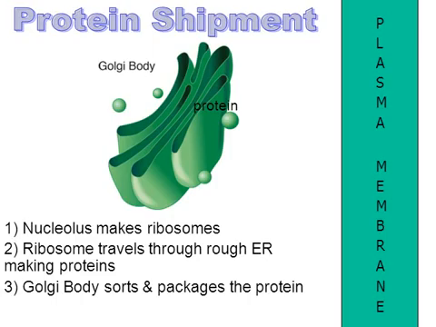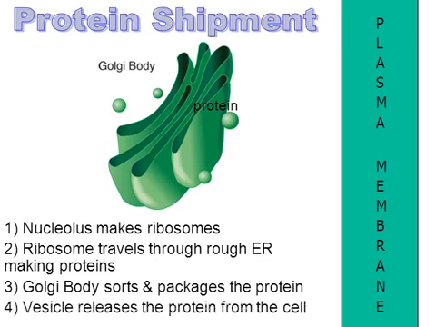When the Golgi body releases the protein, it also puts it in a protective vesicle, a protective little envelope. The vesicle fuses with the cell membrane, and then the protein is simply released from the cell and goes where it's needed.